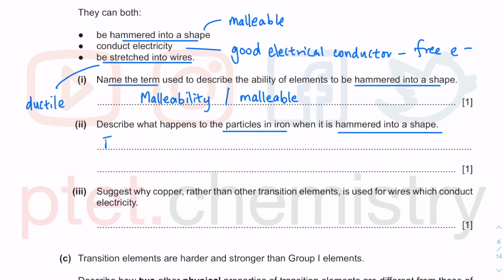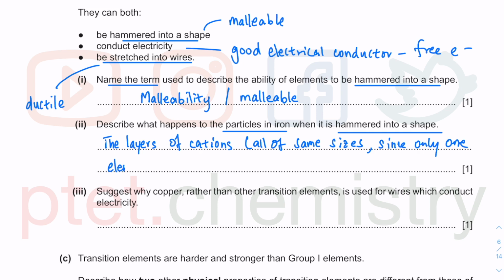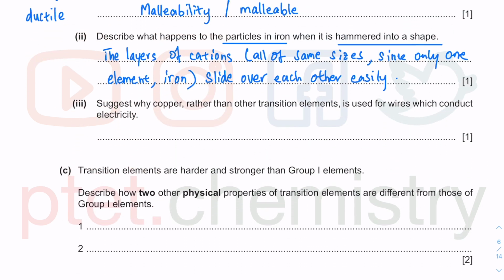So we can say that the layers of cations, all of the same sizes since there is only one element, which is iron, not mixed with another metal, slide over each other easily upon application of force, and that is what happened, resulting from its malleability.